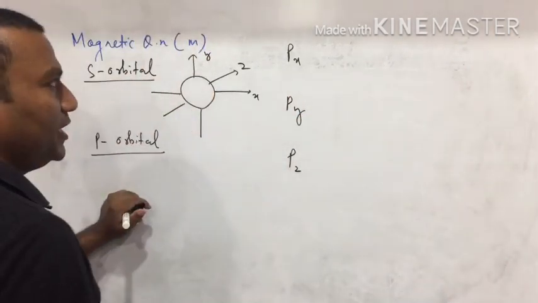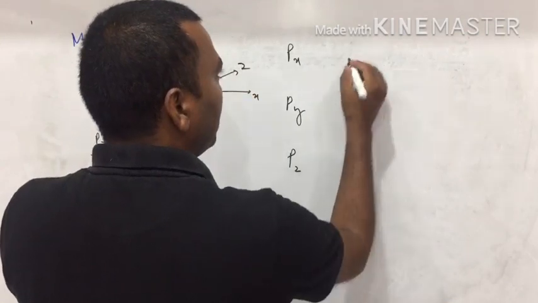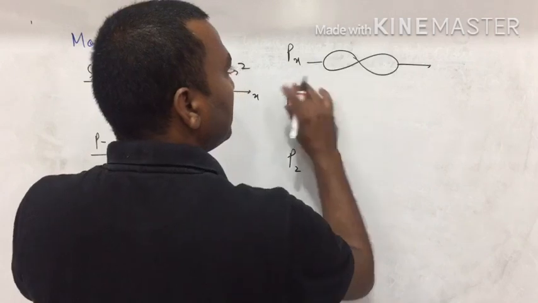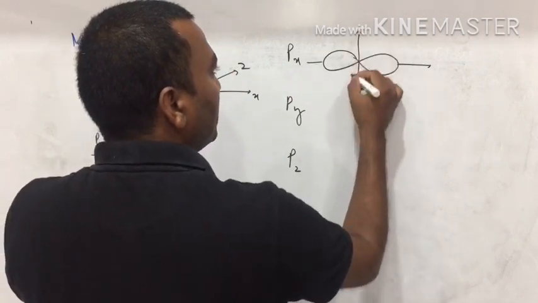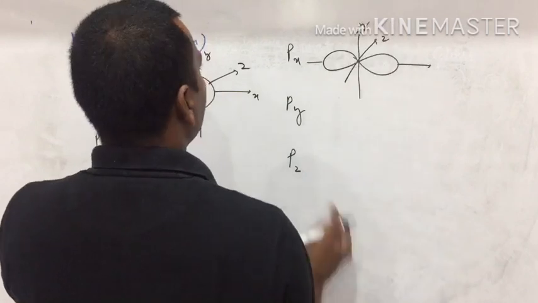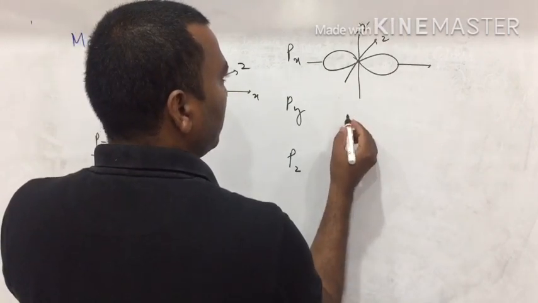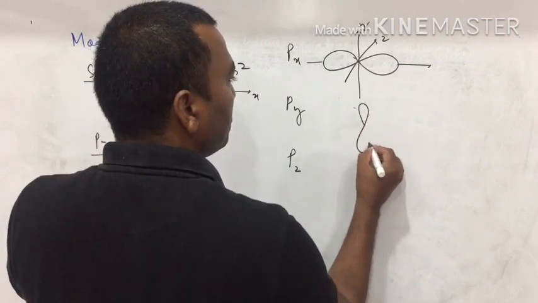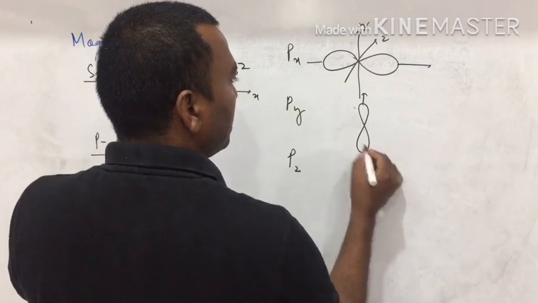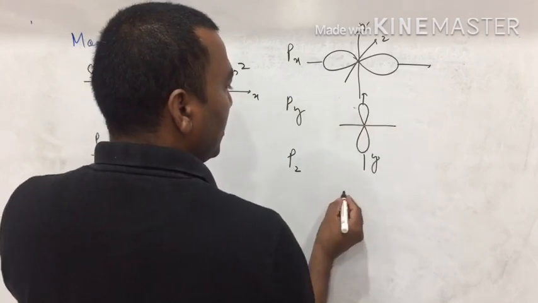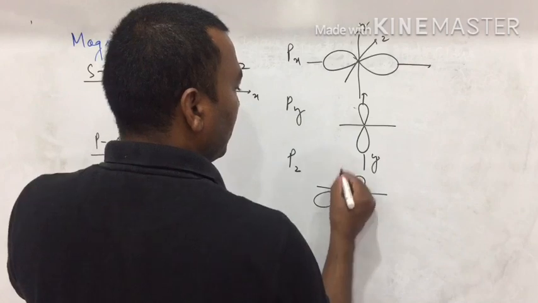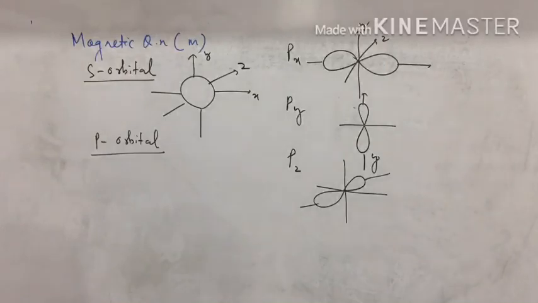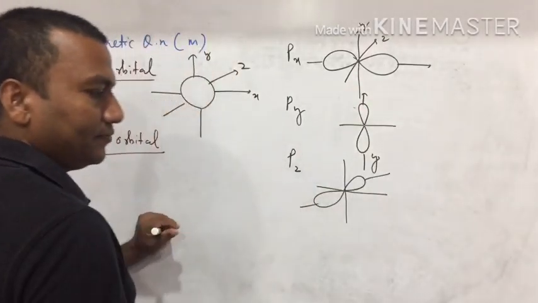The px orbital shape is dumbbell. If this is the x axis, then this is px. Similarly, if this is the y axis, then this is py. Similarly pz like this. So px, py and pz have dumbbell shapes.